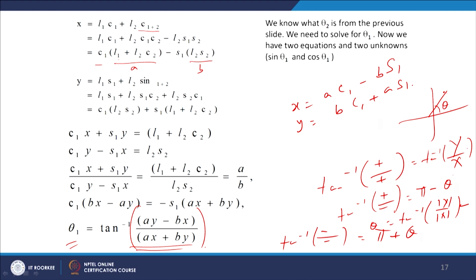And similarly for the fourth quadrant, if y is negative and x is positive, we will get minus theta 1.